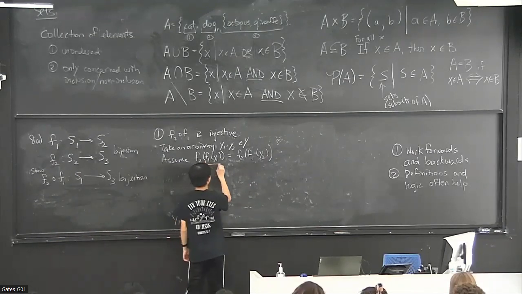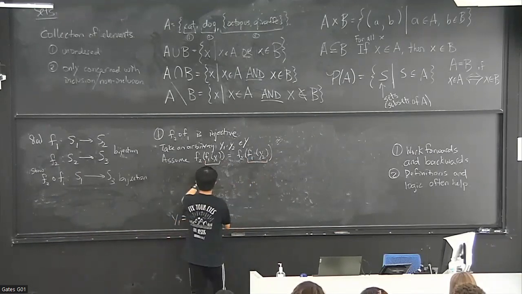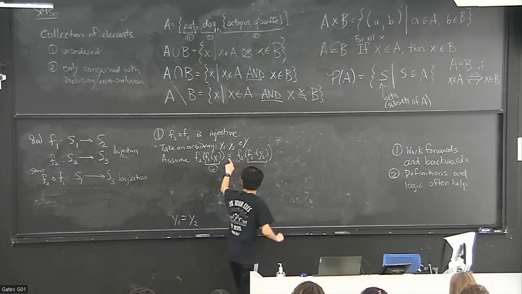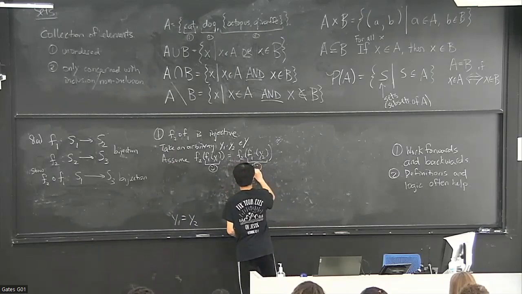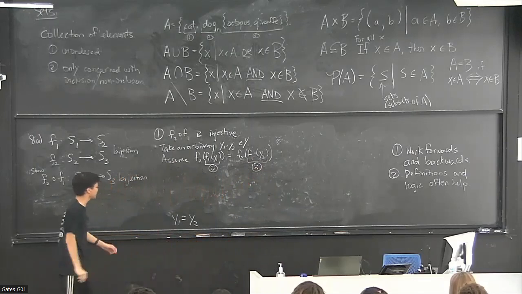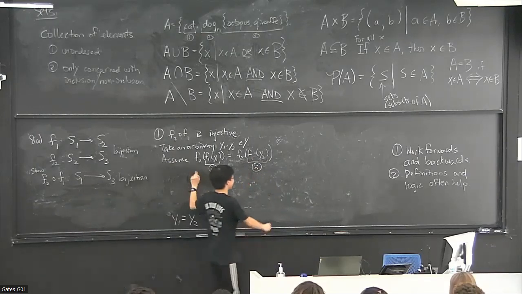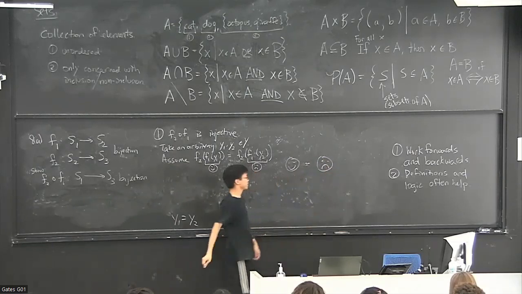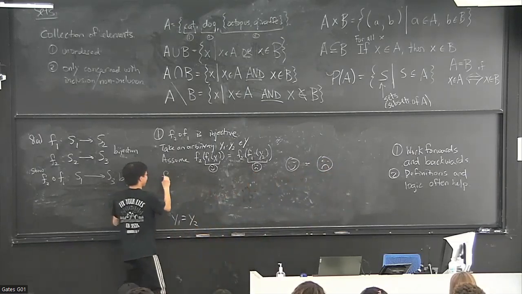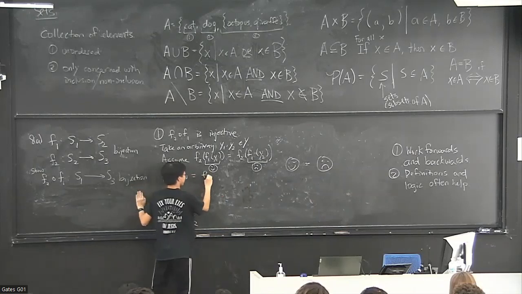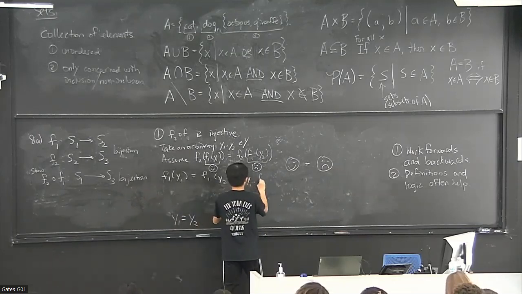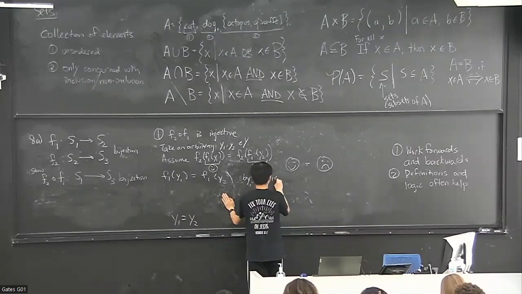So if f2 of this thing, let me call it smiley face, is equal to f2 of this thing, sad face, f2 is an injection. That means smiley face equals sad face. That means f1 of y1 equals f1 of y2, by f2 injective.